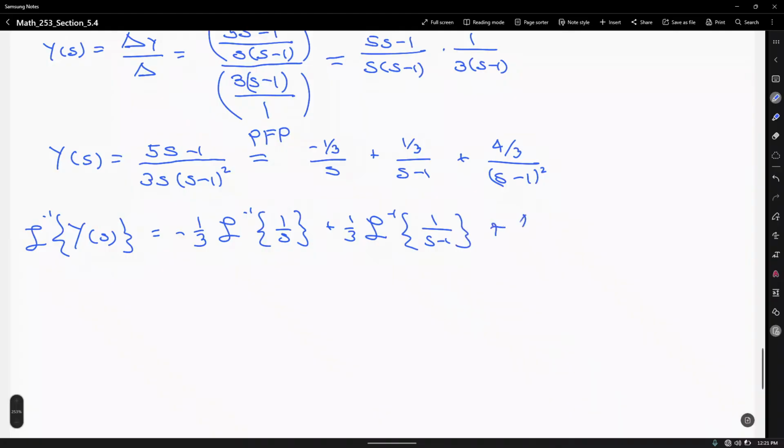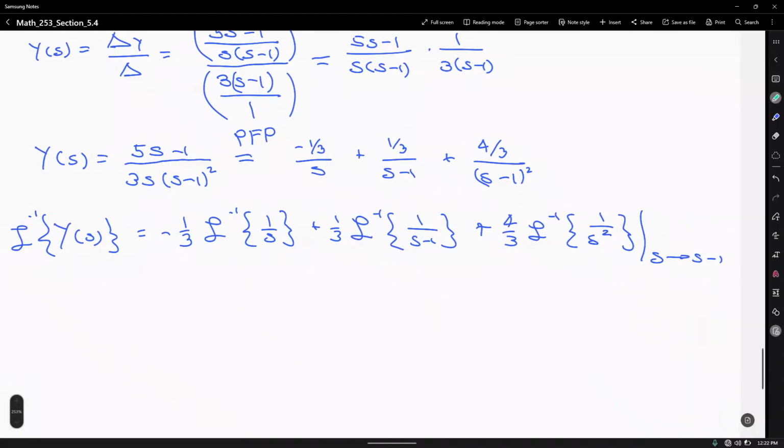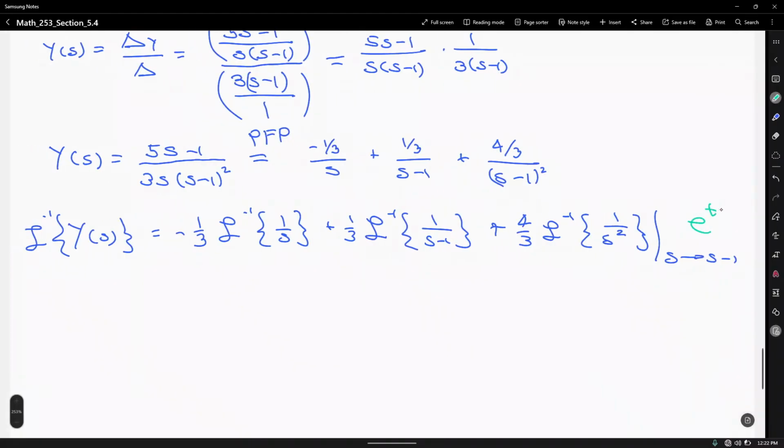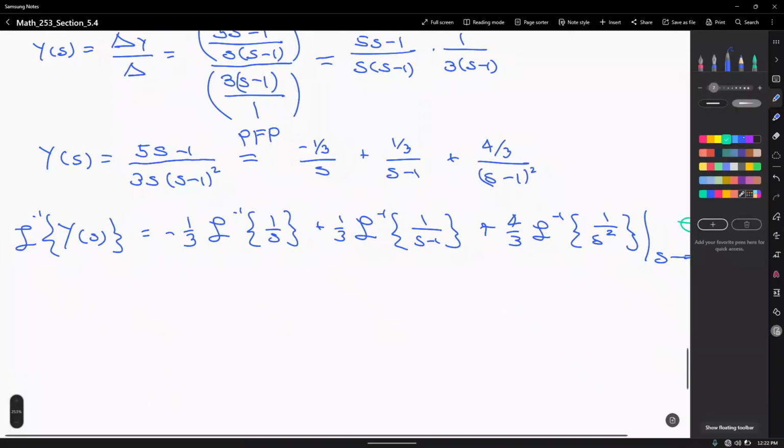That's a plus 4 thirds inverse transform of 1 over s squared with some shifting, s going to s minus 1. What is that going to constitute? This will constitute a factor of e to the t when we find the inverse of 1 over s squared, just like we did with the previous inverse transform. All right?